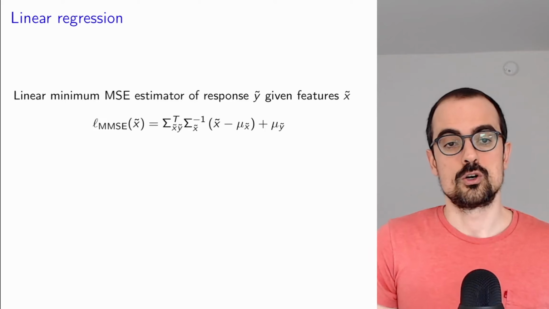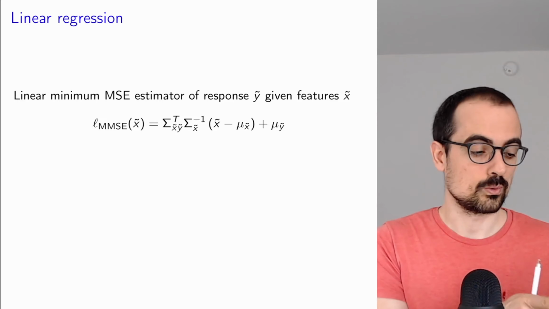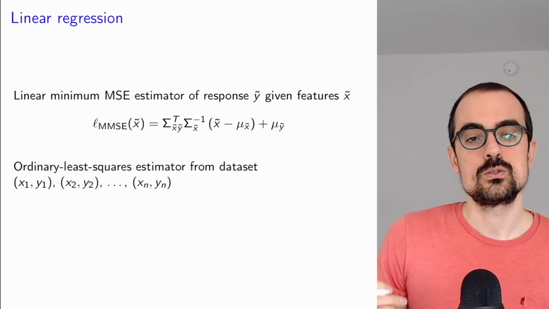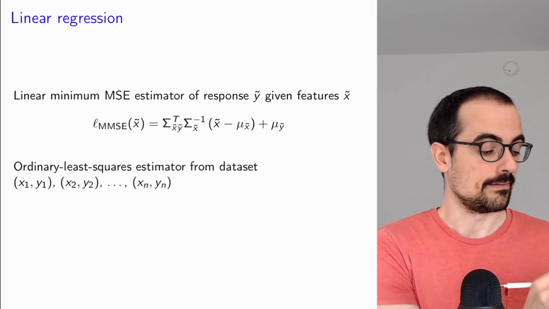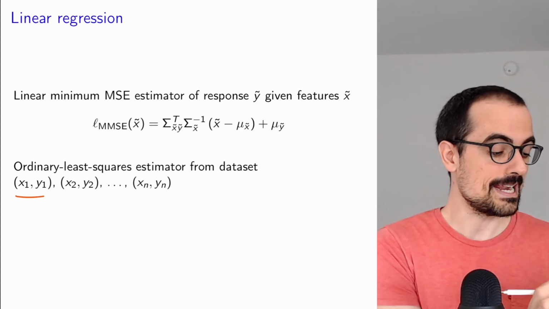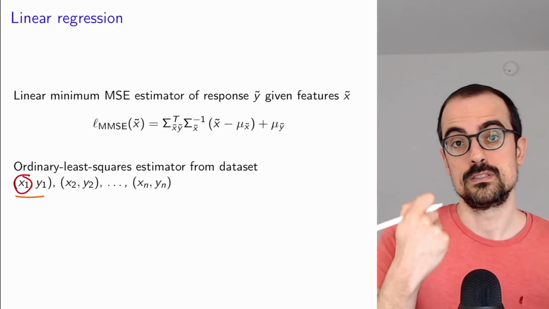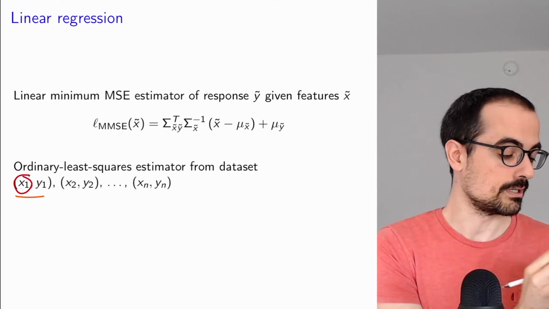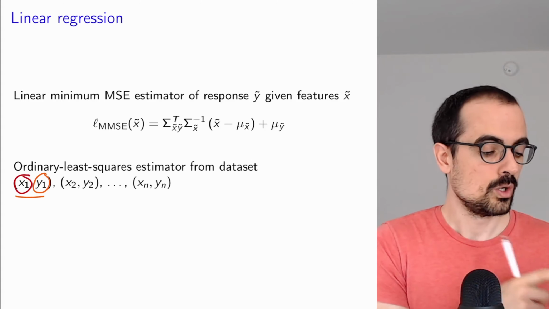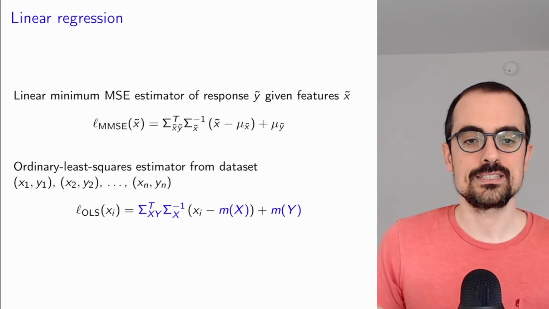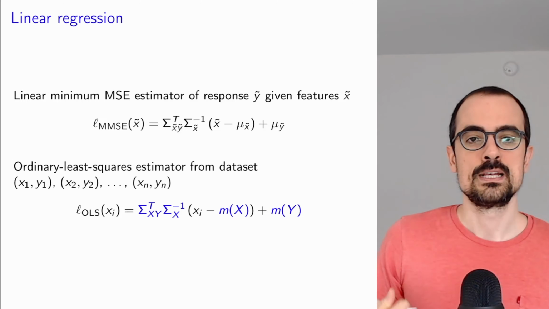Instead of computing this linear minimum mean squared error estimator, what we actually do is we compute the ordinary least squares estimator from a finite data set that has n examples, where each example consists of a vector of d feature values and the corresponding response. And from these n examples, we compute the linear estimator, which we showed in the video on the ordinary least squares estimator.